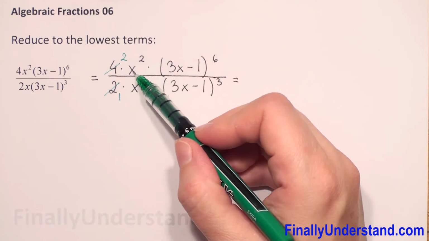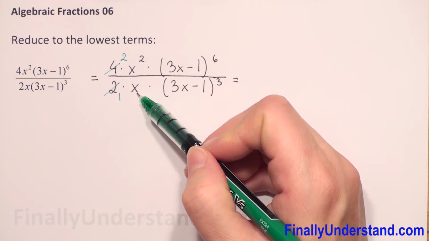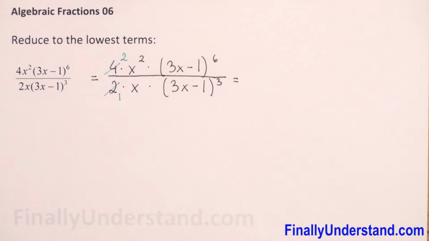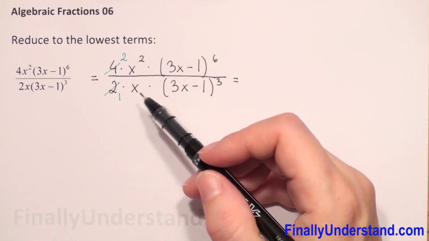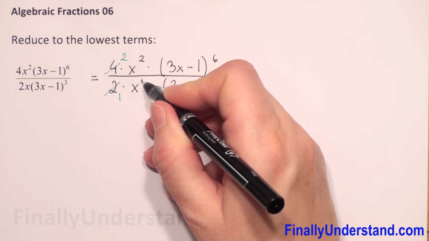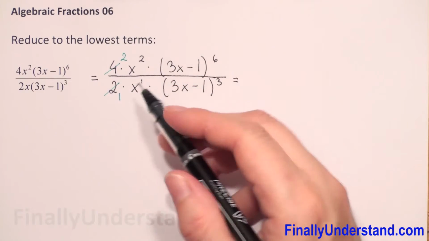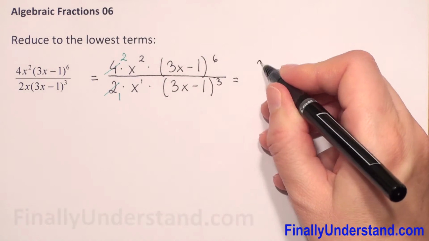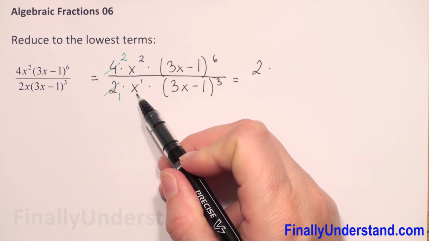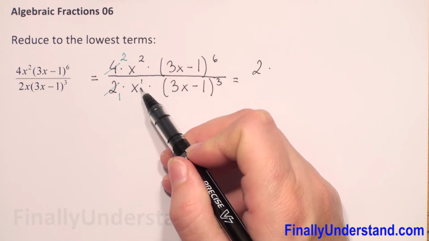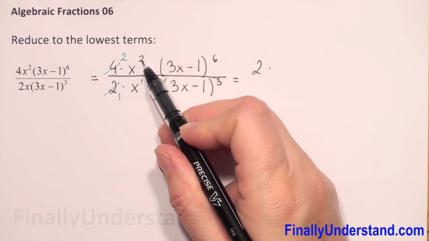Next, we have x squared and x. So we can rewrite our numerator because here is like an invisible 1. So now we have 2 times, and always I need the same power, which is the lowest power. So 1 is the lowest power, 2 is greater.